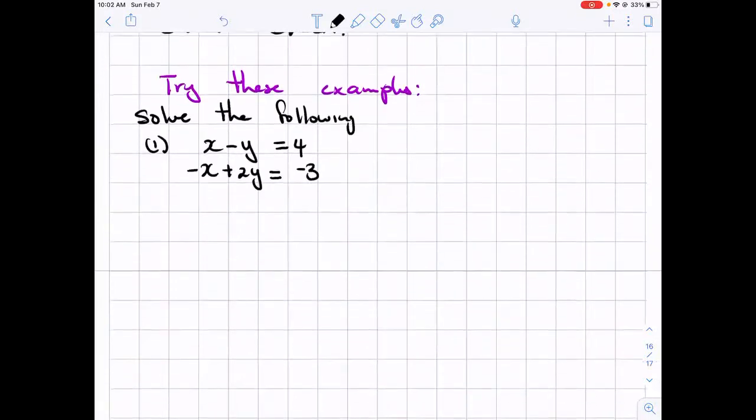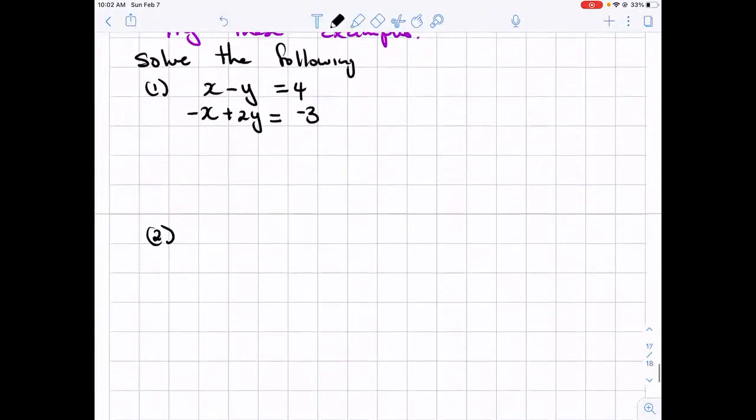Number 2, how about if we have 4x minus 7y is equal to 3, and 5x plus 2y is equal to negative 3.